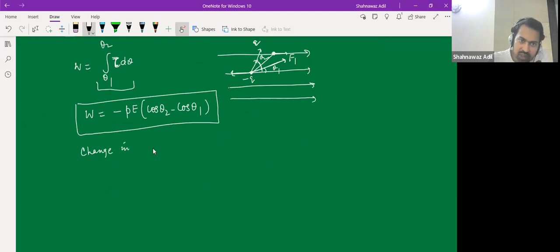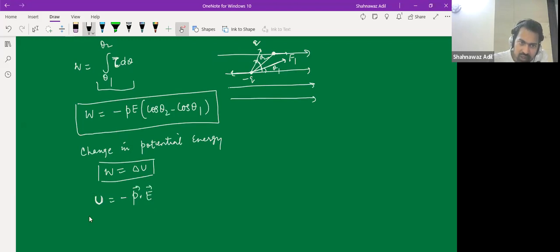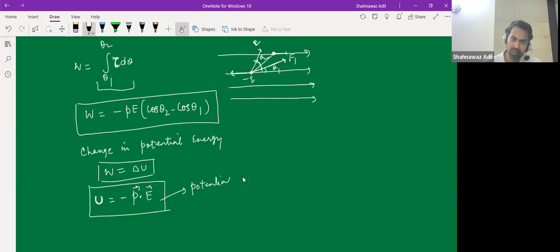So W is delta U, and from this we calculate the potential energy which is minus p dot E. This is the potential energy of the dipole. Is this clear? This you have already learned, right?